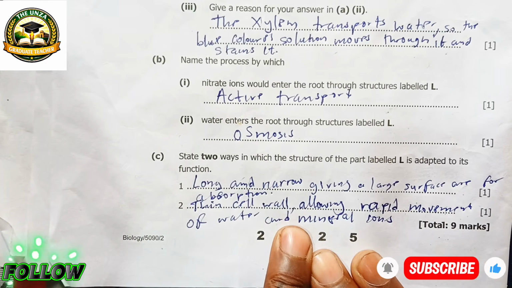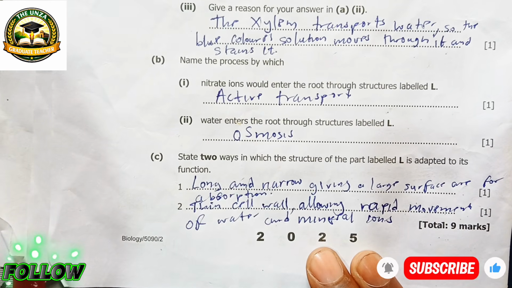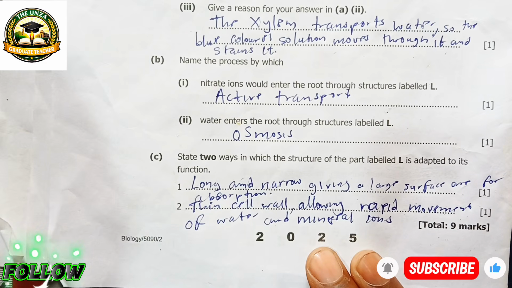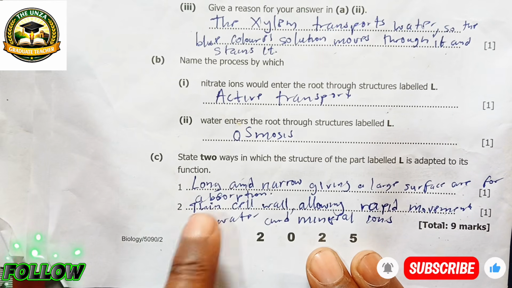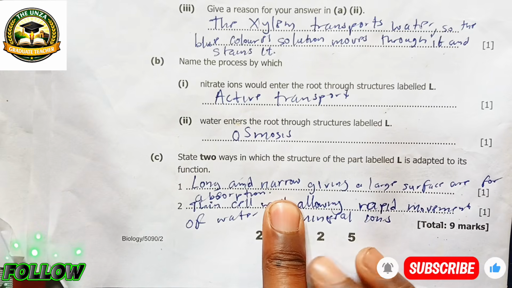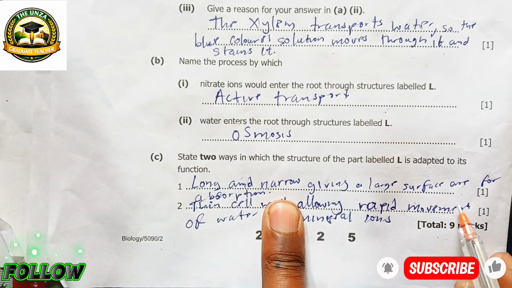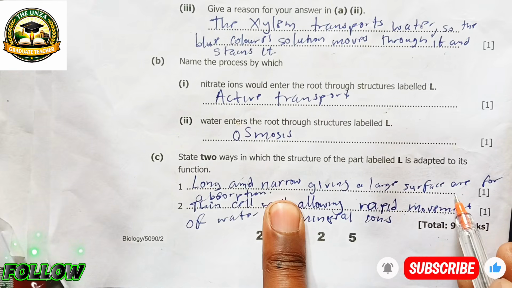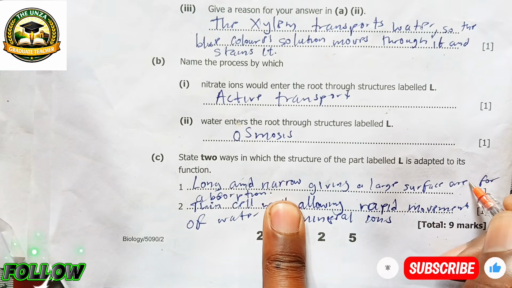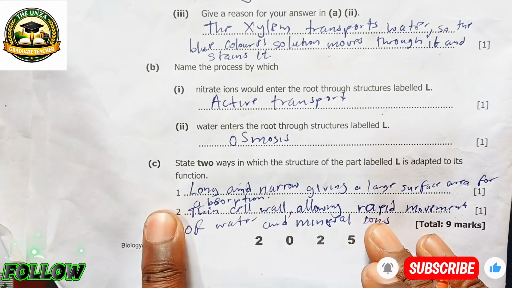So the thin cell wall is the one which is allowing rapid movement of water and the mineral ions. And the long and narrow structure gives it a large surface area for absorption.